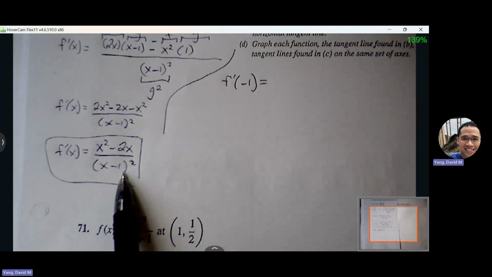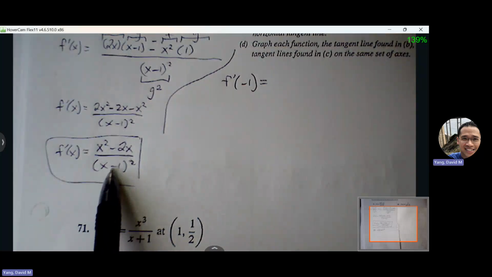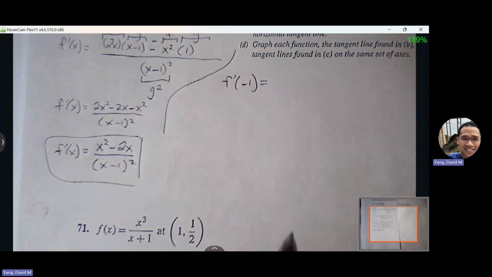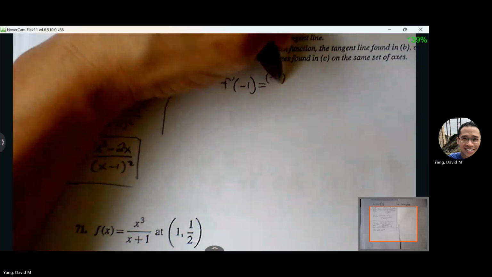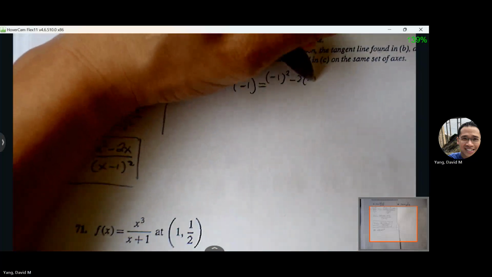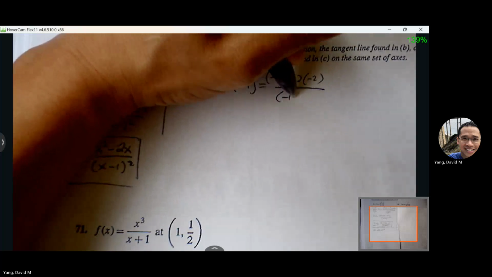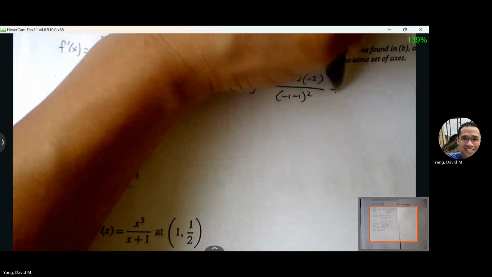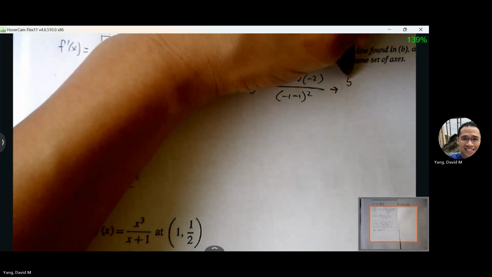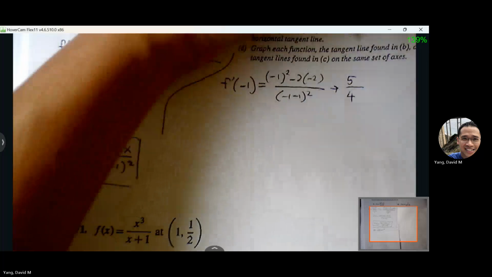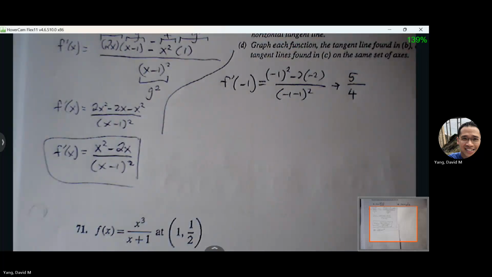Okay, so here's my cleaned up version of my derivative. I'm just going to plug -1 in to get my slope. Sorry, I plugged in the wrong value up top here.